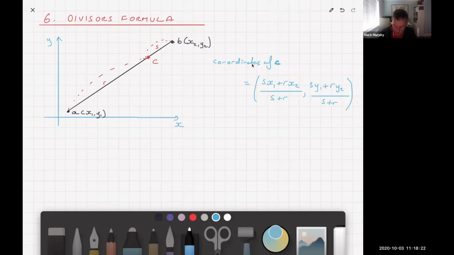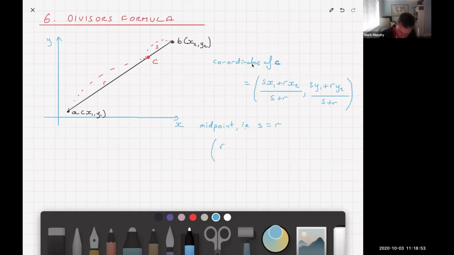Now, there's a particular case in this, and it's if S is equal to R, in other words, they're the same. Then you want to find what's known as the midpoint. So when S is equal to R, wherever I see S, I'm going to fill in R. Let's see what happens.